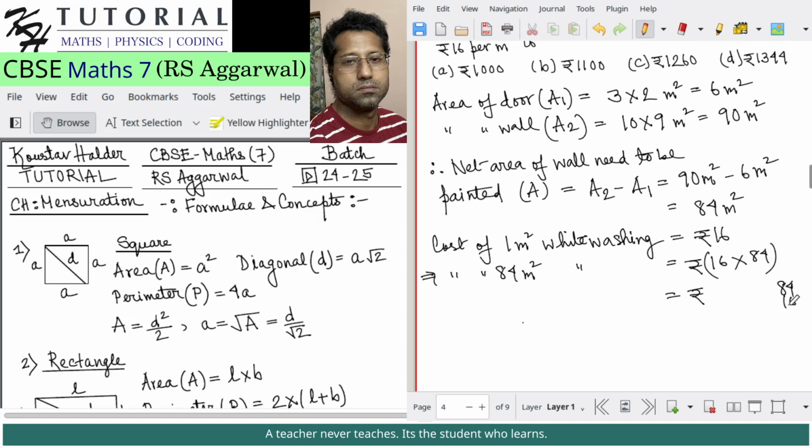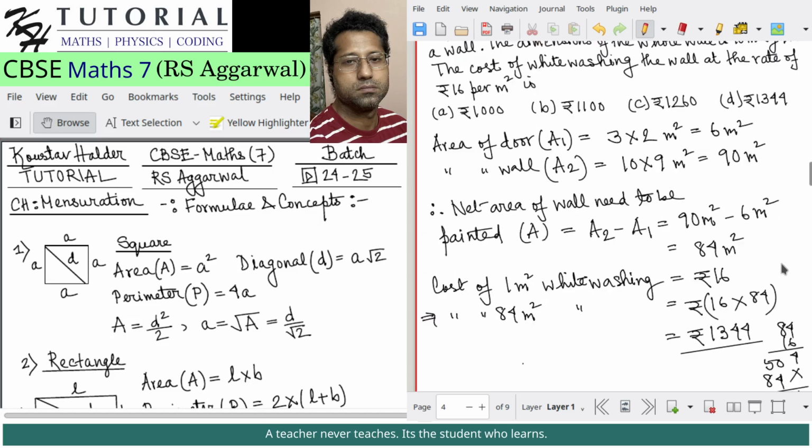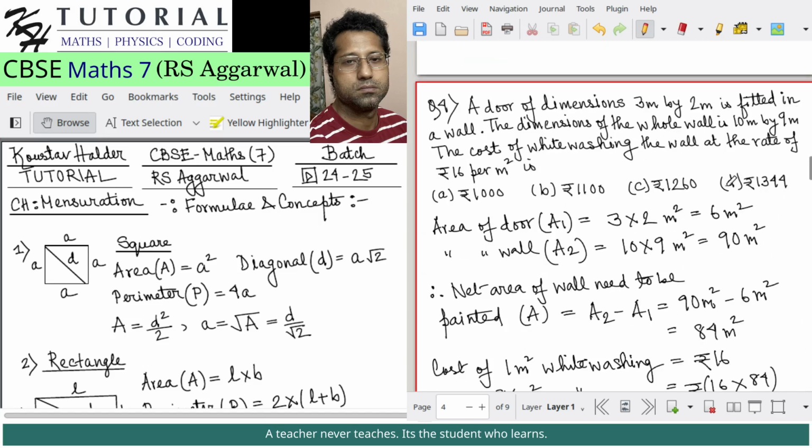That is rupees 1344. This should be the cost of whitewashing the wall, that is the wall without the door. So the correct choice is choice D, rupees 1344.